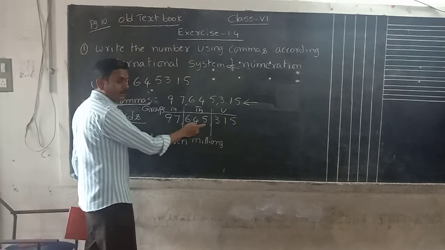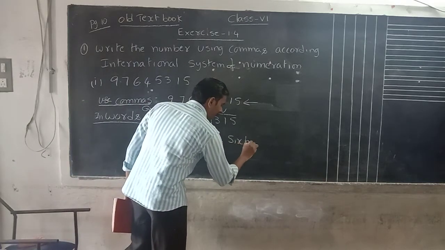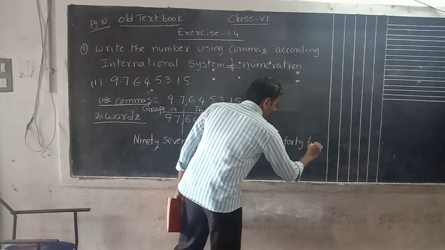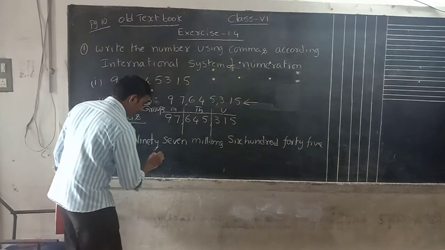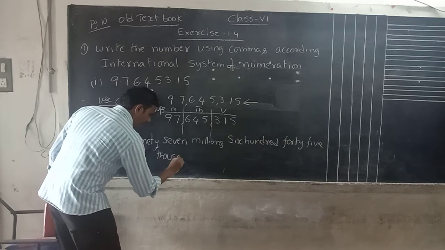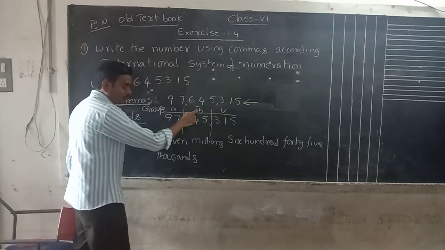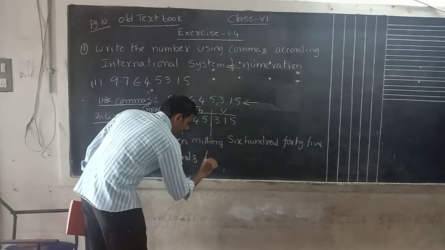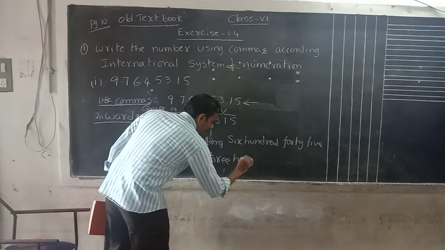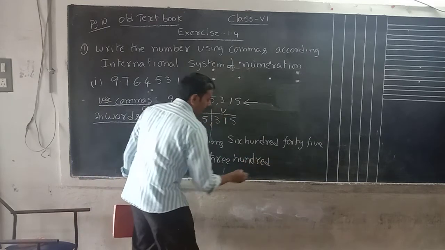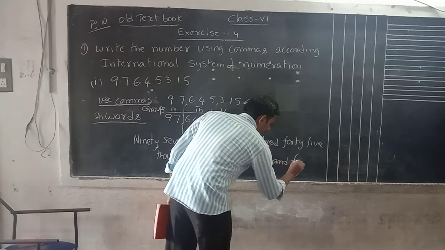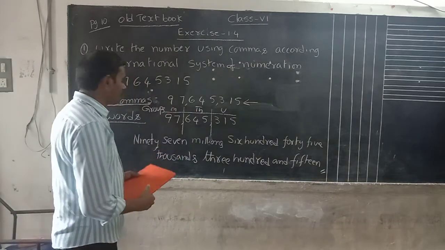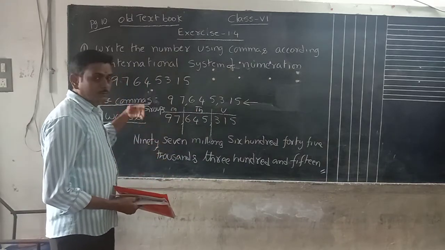The thousand group has 645. So 645 thousand. This is located at the thousand place, so I have written thousands. What is the last one? 315. So the answer is 97 million, 645 thousand, 315. This is the solution for the first one. Okay, next we go for the next question.